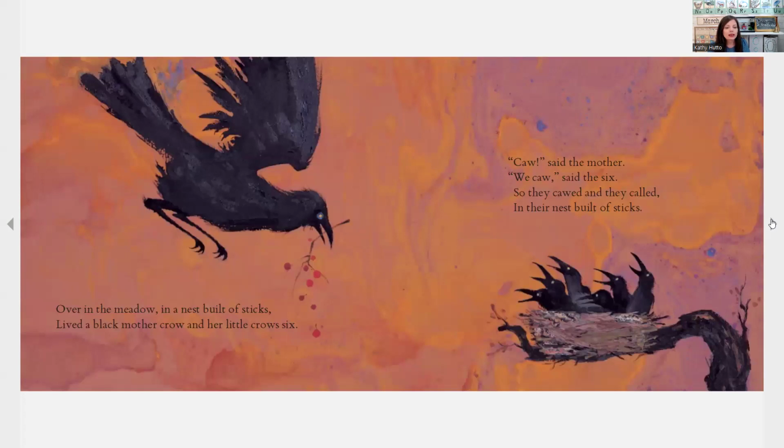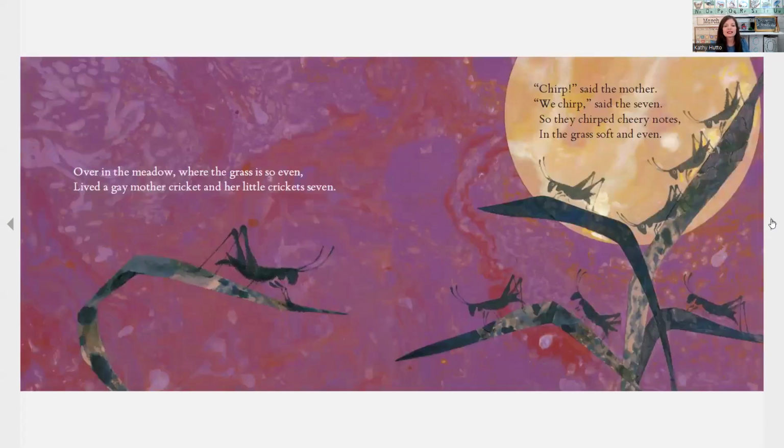Over in the meadow in a nest built of sticks lived a black mother crow and her little crows six. Caw, said the mother. We caw, said the six. So they cawed and they called in their nest built of sticks. Over in the meadow where the grass is so even lived a happy mother cricket and her little cricket seven. Chirp, said the mother. We chirp, said the seven. So they chirped cheery notes in the grass soft and even.